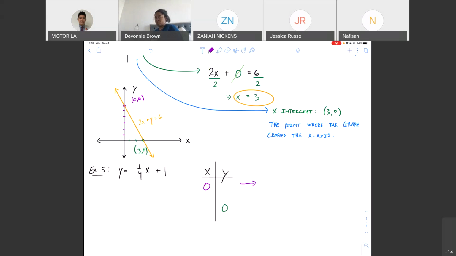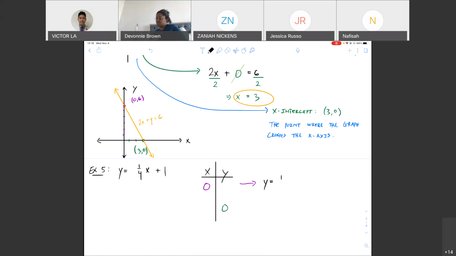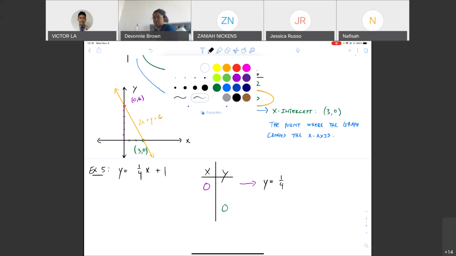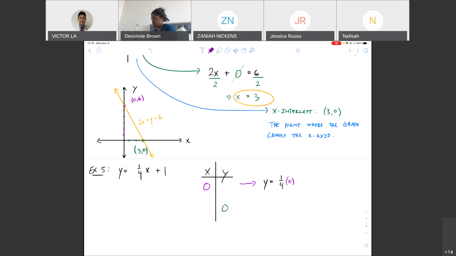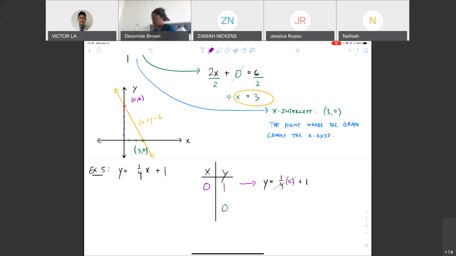So you have y equals 1/4 times x, where x is 0, plus 1. This goes away, and you're left with y equals 1. Done. That one's easy. But what about this other one, though?